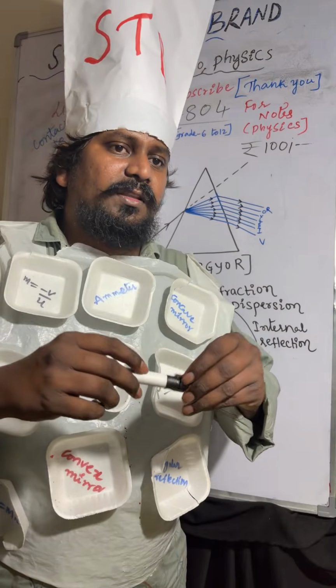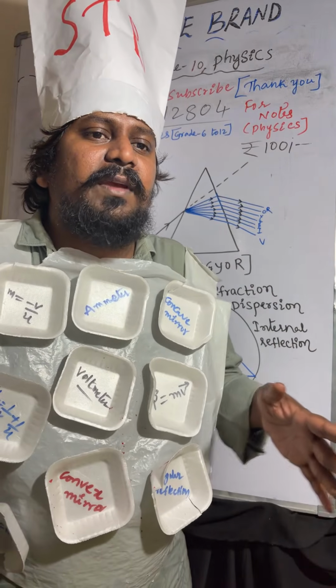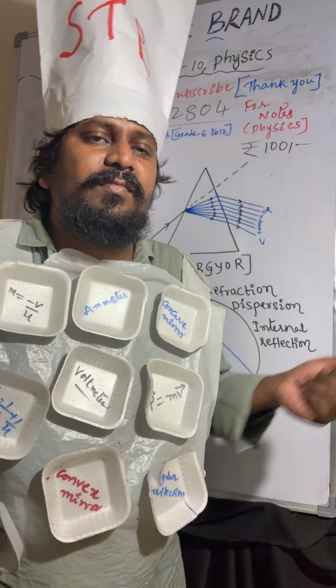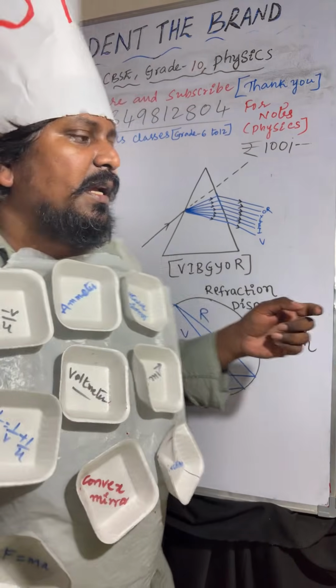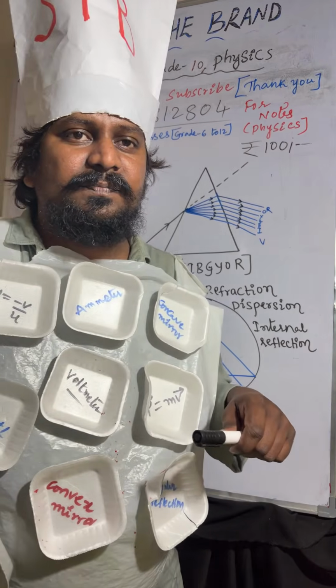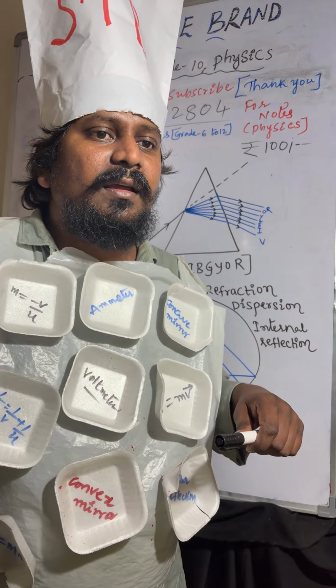Okay. So the phenomena involved in the formation of a rainbow are refraction, dispersion, and internal reflection.